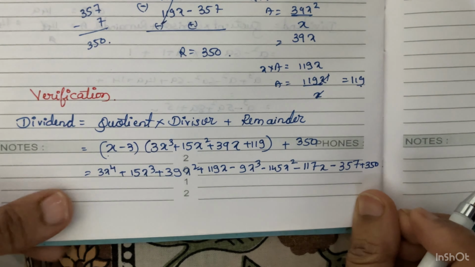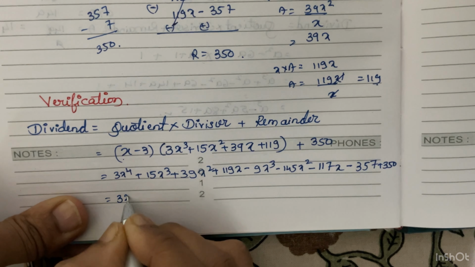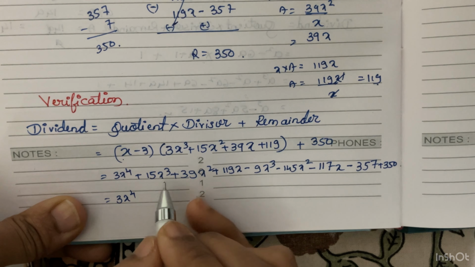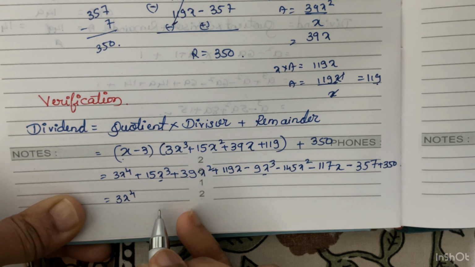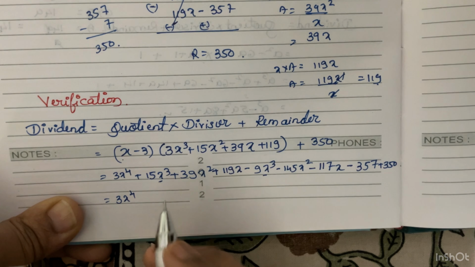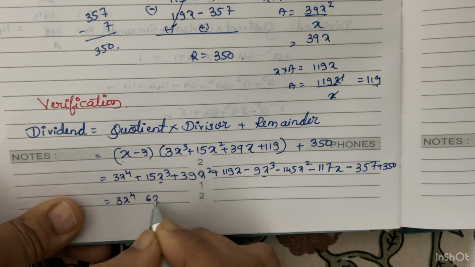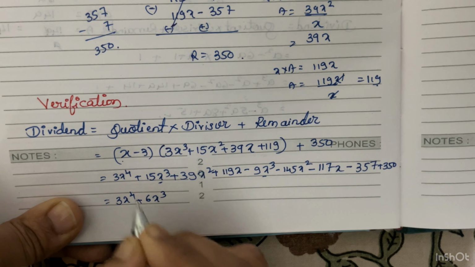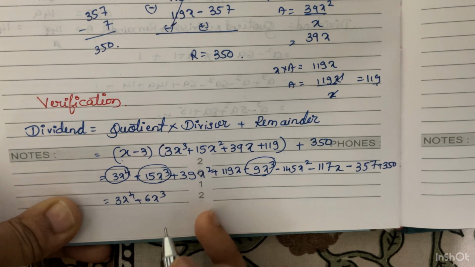Now x raised to the power 4, we are having only one term, so let me write as it is, 3x raised to the power 4. Here I'm having x cube, here I'm having x cube, and these terms having the unlike sign, so we need to subtract. 15 minus 9, I'll get 6x cube, and the bigger number carrying the positive sign. Once I finish, let me make a circle so we will not get confused.